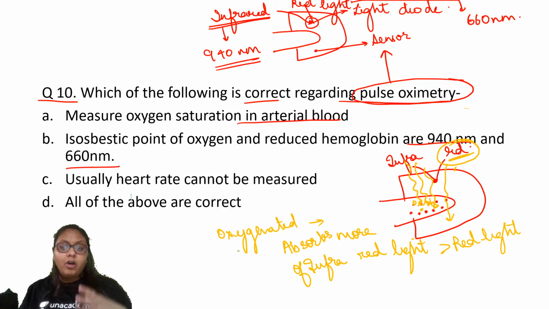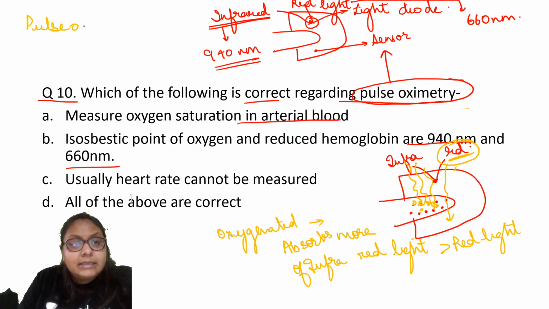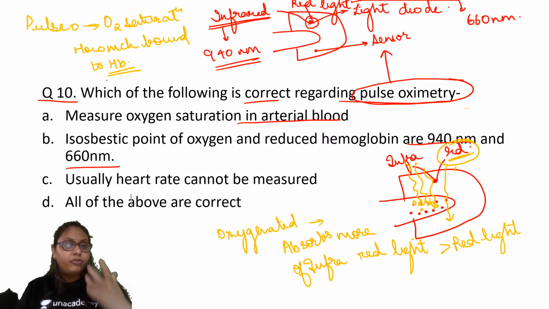Deoxygenated blood absorbs more of red light and less of the infrared light. ठीक है, now this pulse oximeter, what it is telling us is about the oxygen saturation. It is telling us how much oxygen is bound to hemoglobin, how much oxygen is present in the oxygenated form.